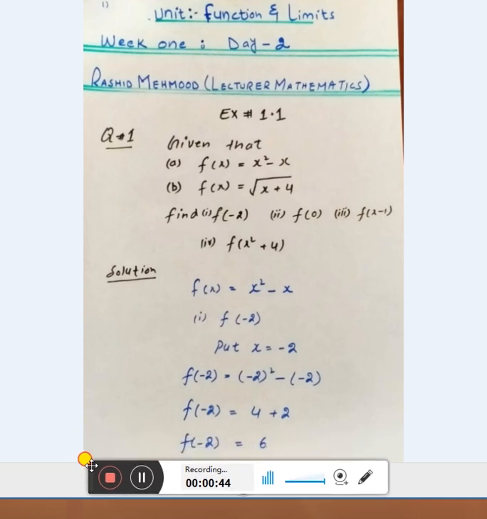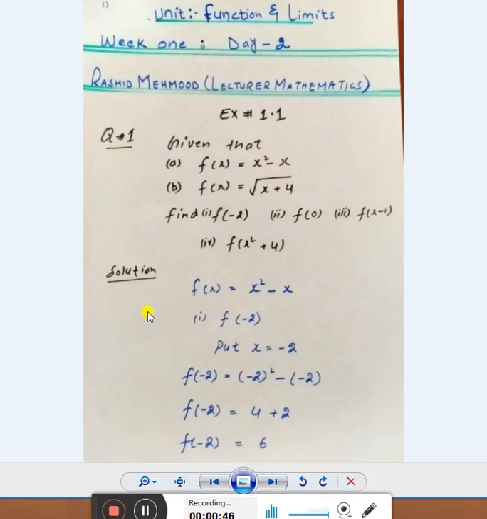Okay, students, solution of part 1, f(x) = x² − x. First of all, we will find f(−2). It means we put x = −2. In the question, in the place of x we substitute −2. f(−2) = (−2)² − (−2).